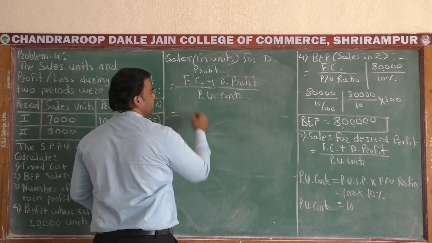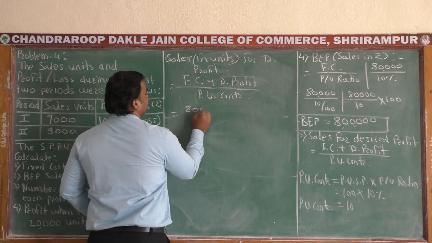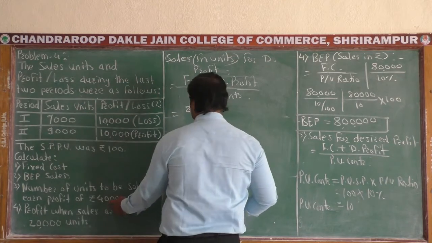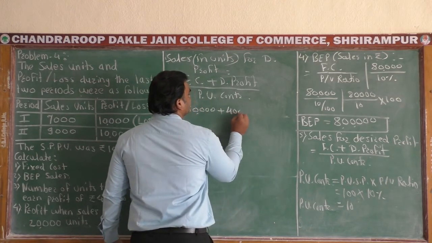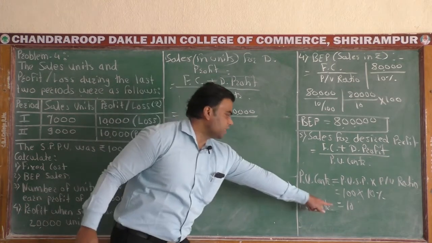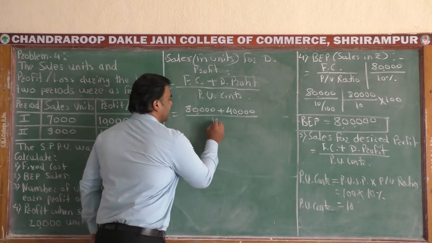So fixed cost, which is 80,000 as we have calculated, plus desired profit, which is 40,000, divided by per unit contribution, which is rupees 10.